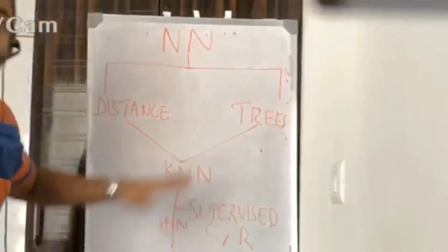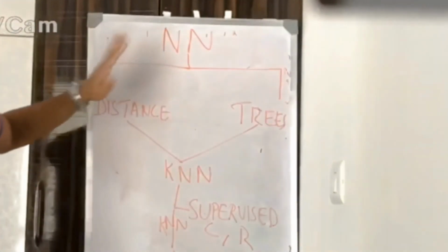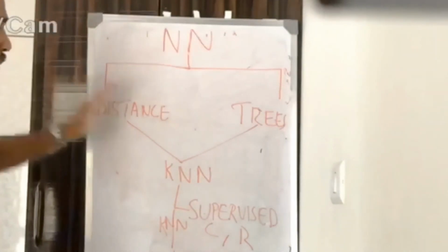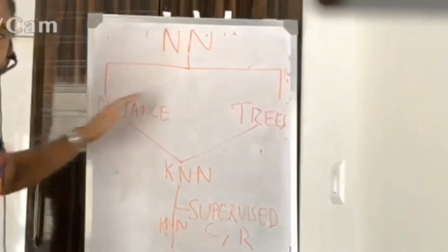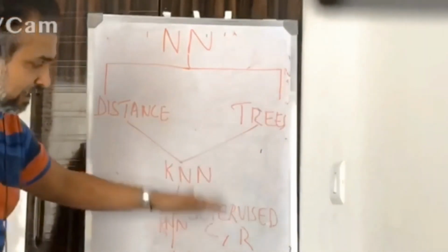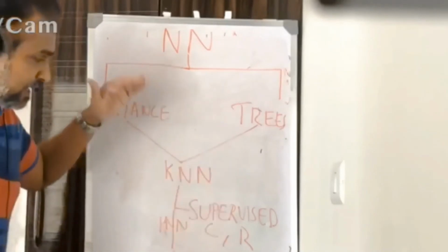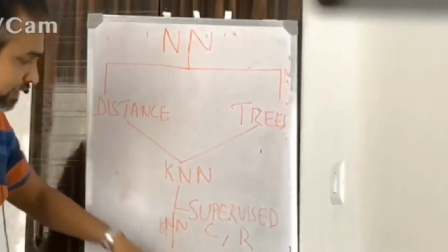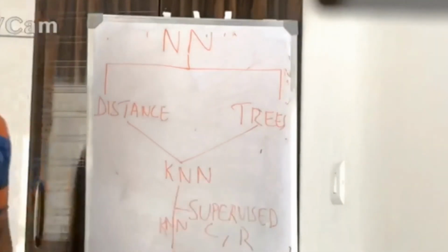So this is simply the map, which you really need to remember. Nearest neighbor algorithm or k-nearest neighbor algorithm, two important concepts you need to understand: distance, then trees. KNN further splits into supervised analytics and unsupervised analytics. And in supervised analytics, you have classification and regression. And in unsupervised, you have got something called as clustering.